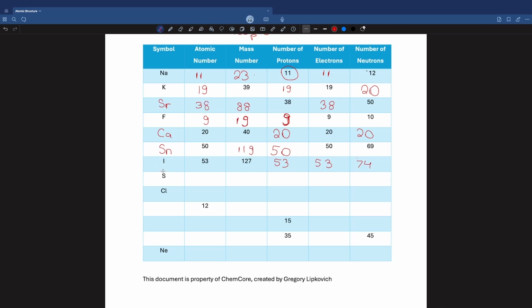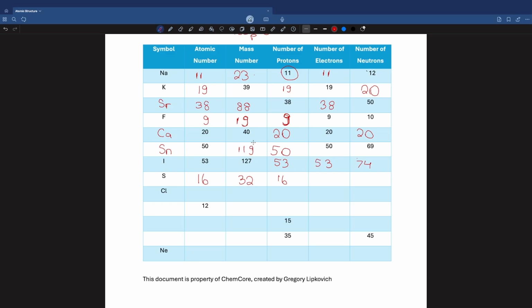The next problem, sulfur, is a pretty interesting example. None of the information is given to us, and so that means that we probably do really need to use our periodic table. According to our periodic table, sulfur has an atomic number of 16 and a mass number of 32, which means from the atomic number, we can directly generate the number of protons, which is 16.